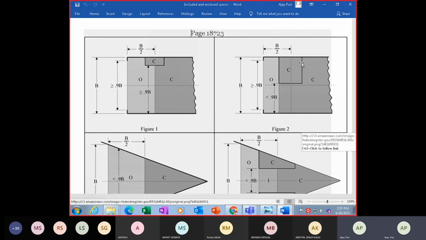This is an enclosure here where the breadth from this point till the shell is less than 0.9 B. Then only till this edge will the space not be included. Rest all will be enclosed or included in the tonnage calculation. So this will be enclosed. This will not be enclosed.